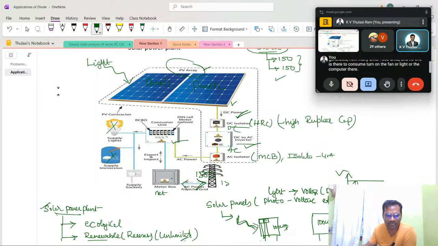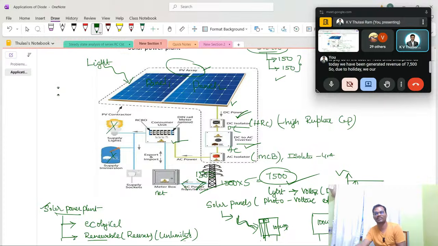Therefore, the total 1500 units of power has been exported to the government, and they are going to pay us at a price of 5 rupees per unit. So today we have generated a revenue of 7500 rupees. Due to the holiday, our campus has been getting a benefit of 7,500 rupees.